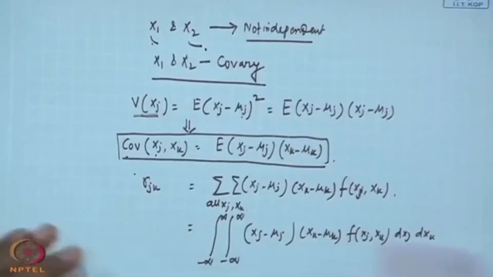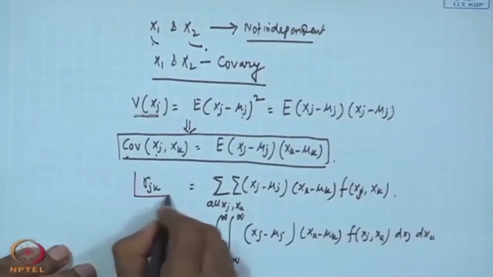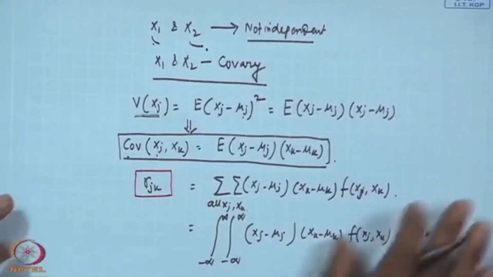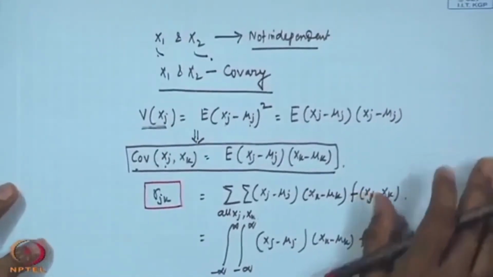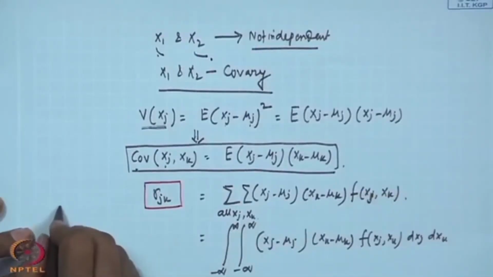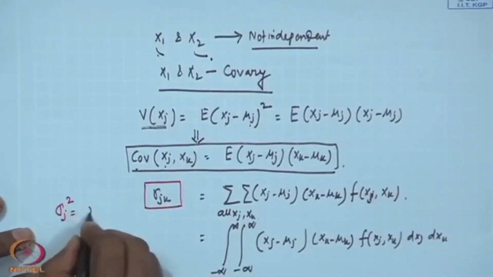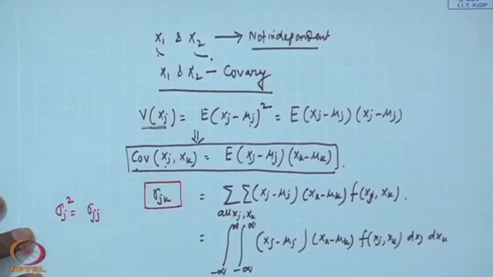So, what I am writing here is sigma j k. Now, be careful about the notation: sigma j square equals sigma j j. Later on we will be using sigma j j, sigma 1 1, which is the variance component; if I write sigma 1 1, it is sigma 1 square.